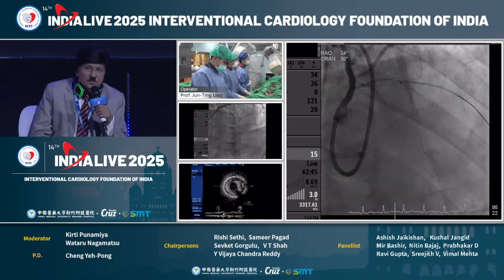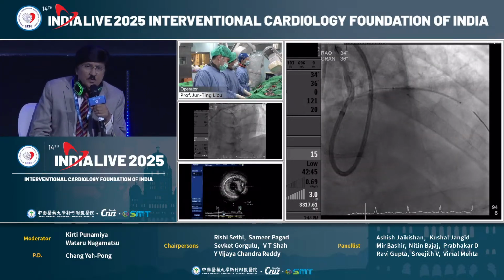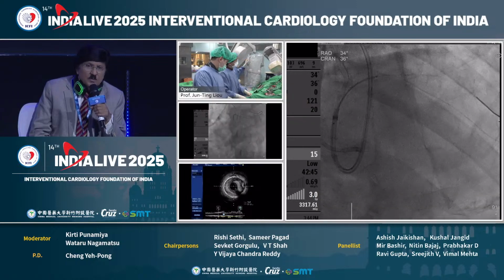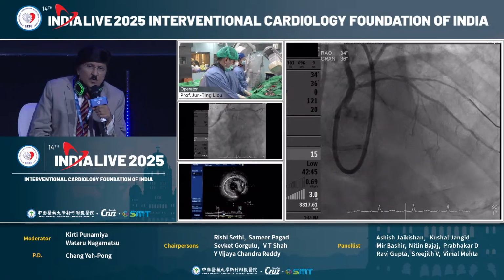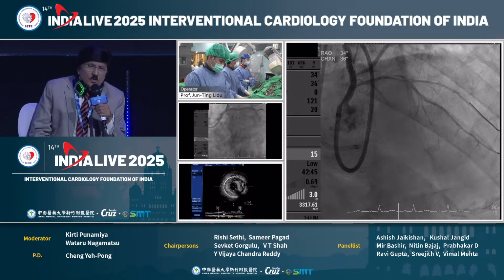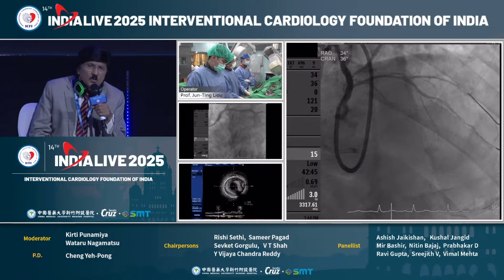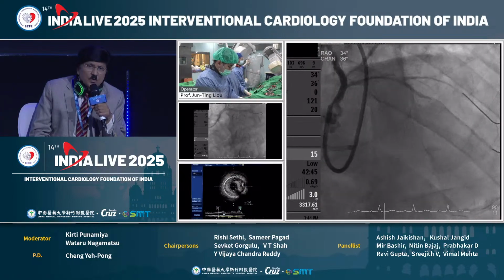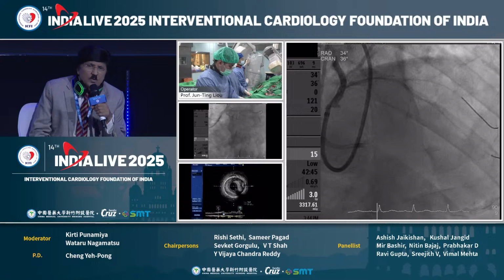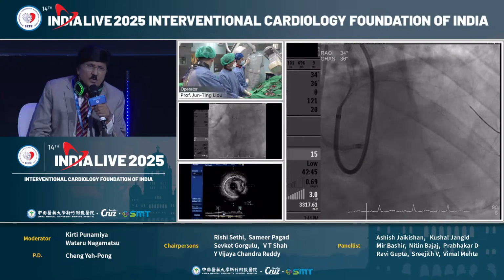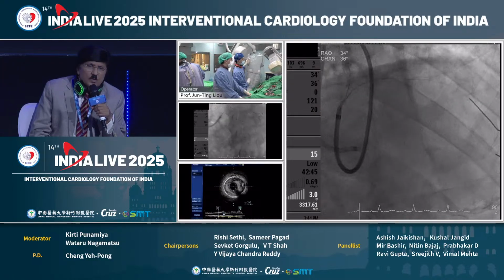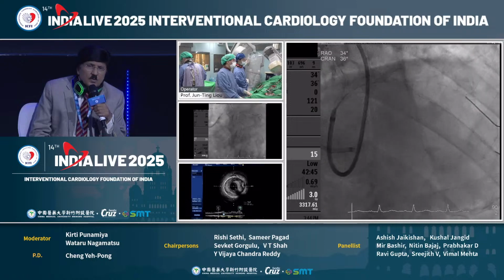After reviewing the IVUS results and the images, we decide to use bifurcation stenting between the diagonal and LAD, because there is a big dissection extending from the proximal part of the LAD-DB2 bifurcation into the DB2 ostium.